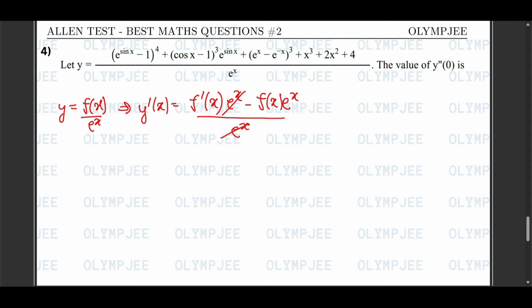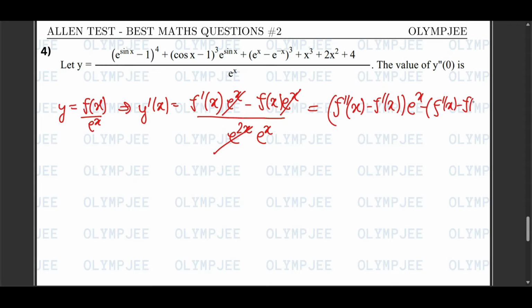Sorry, this was e. We have to square the denominator also, so e raised to power 2x. So this will give e^x. Further we will have, right, so this will be something like this, and again we can cancel out e^x and e^x.